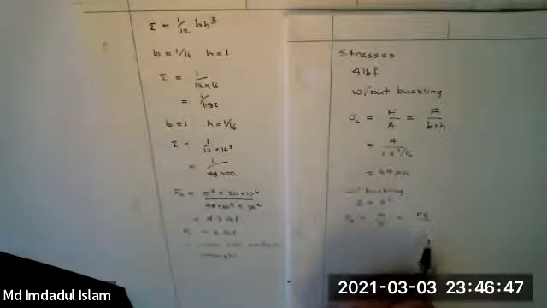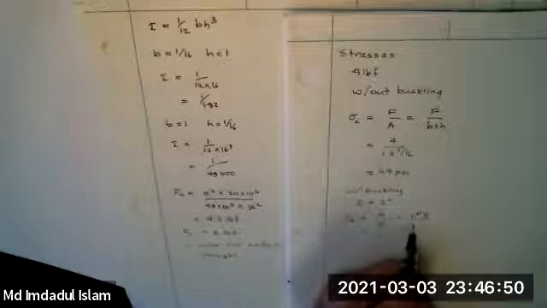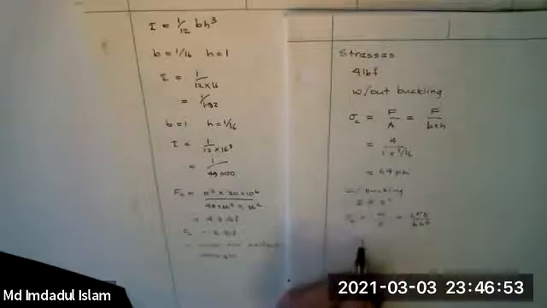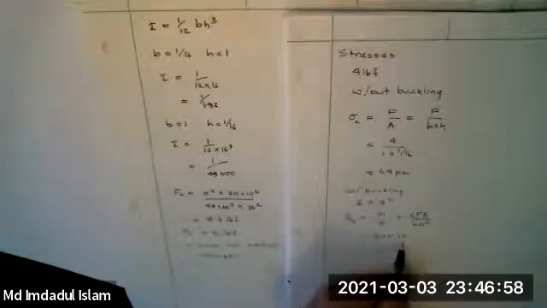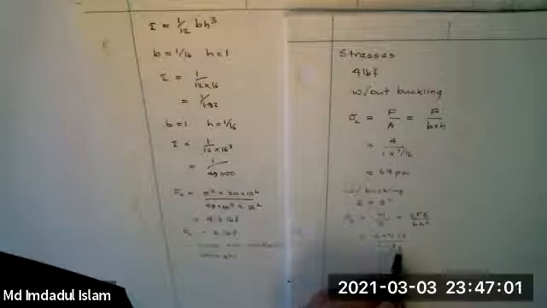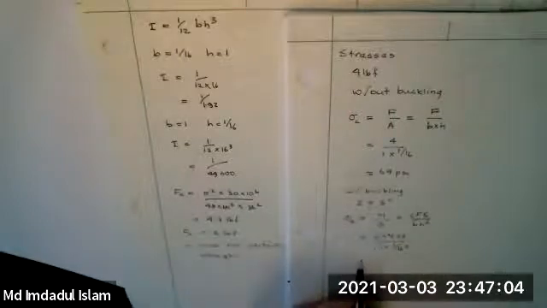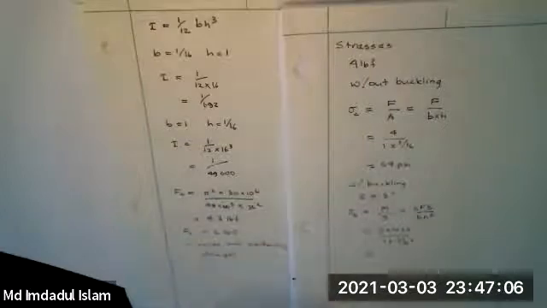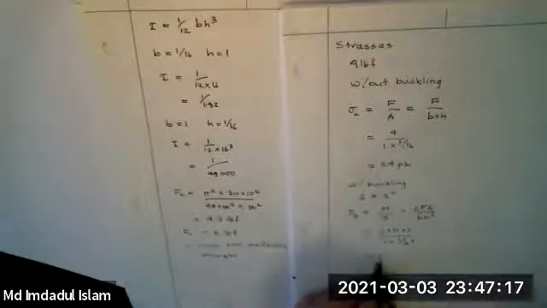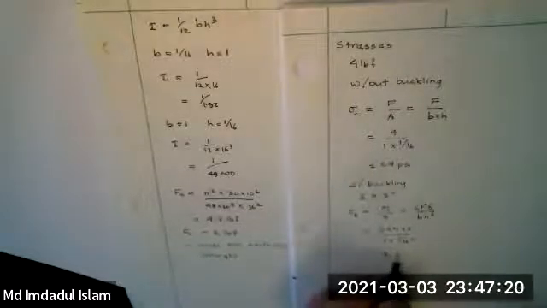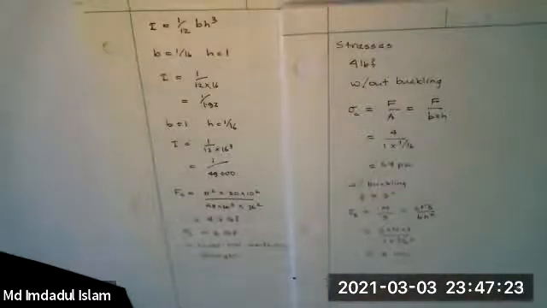Okay, there's no moment on the end. S is 6 B H squared. Let's see what that comes to. 18 KSI. Okay, 18,000 PSI, if you like.